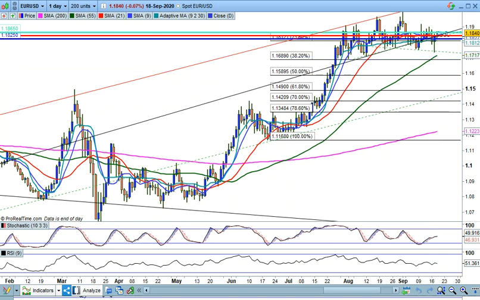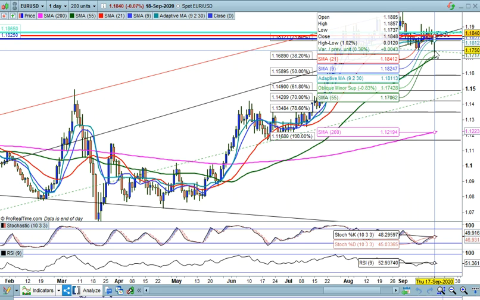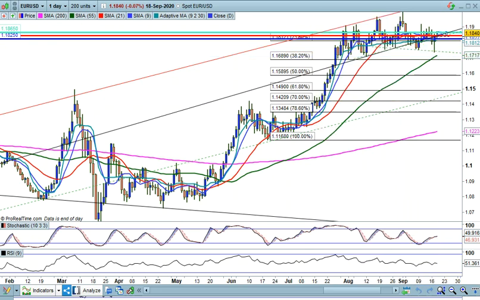Okay, the measured target from this pattern, if it was to come to fruition, is 114.65. Now what you do is very, very simple. You take the higher level and the lower level of the pattern, and you subtract the lower level from the higher level. This gives you 274 points.